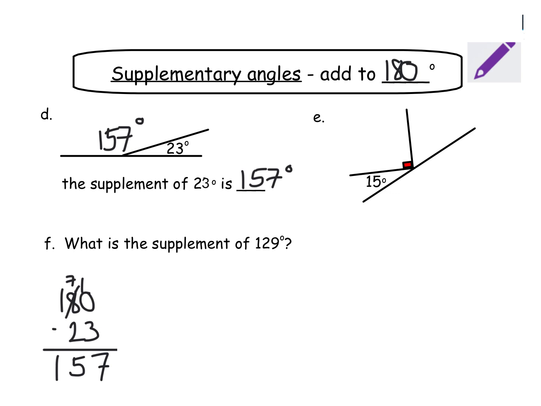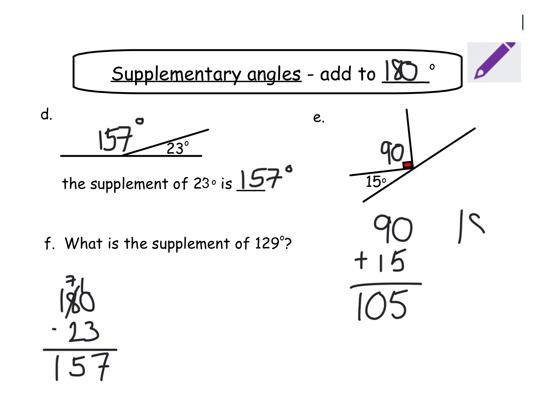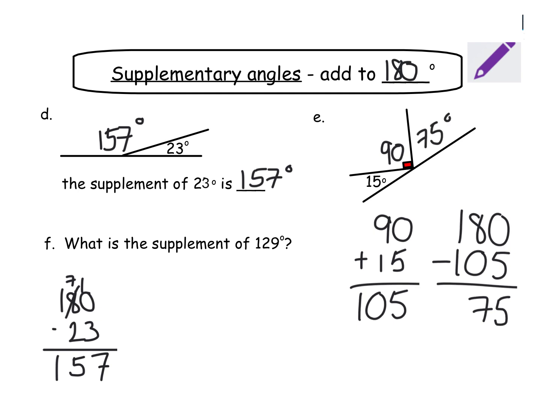This one's got a bit more going on to it. Remember, it said it can be two or more angles within a straight line. So this one here has got the red square, so we know that that is 90. So I have to do 90 plus 15 this time, which is 105. And then I'm going to do 180 take away 105, which is simply 75. So the missing angle in this one is 75.